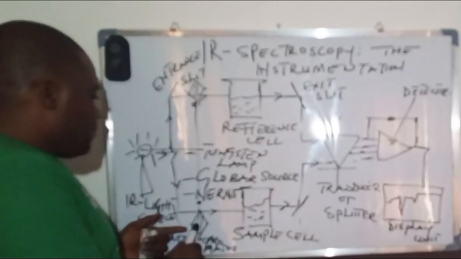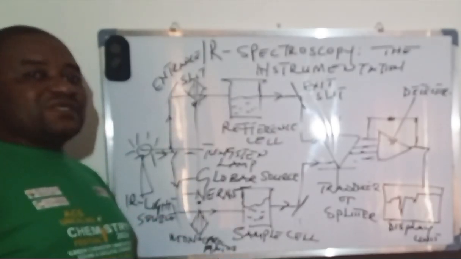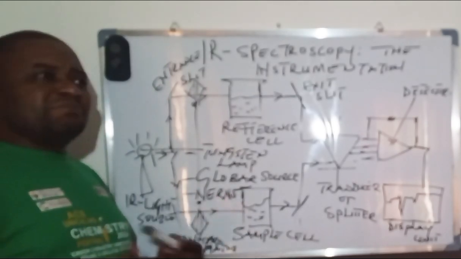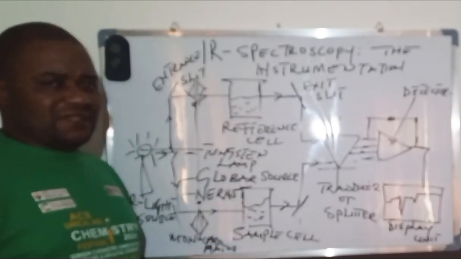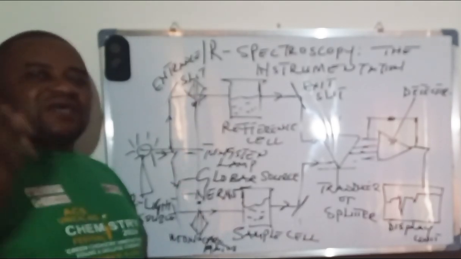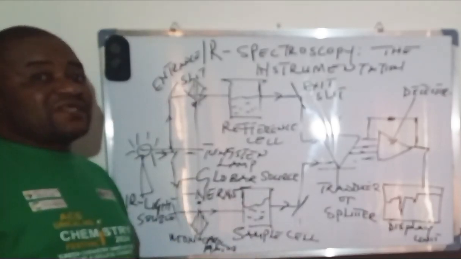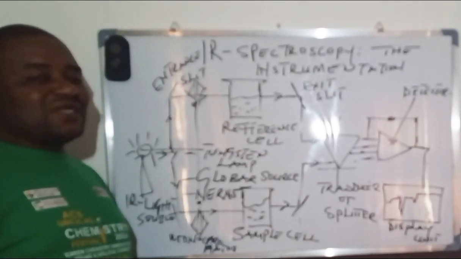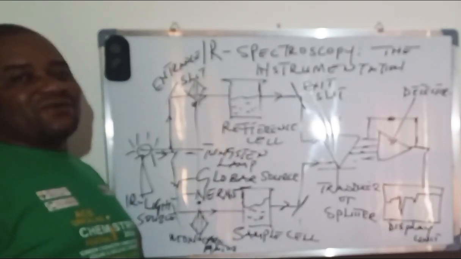The kind of monochromators that you can use for IR spectroscopy if you are building a prism is usually something like crystals. You can also use crystals of halogen salts. Yeah, we have others though, but the best ones are the crystals of halogen salts. If you use crystals of halogen salts to build your monochromator prisms, they do not absorb IR. Even if they do, it's quite insignificant. So we use crystals of what?